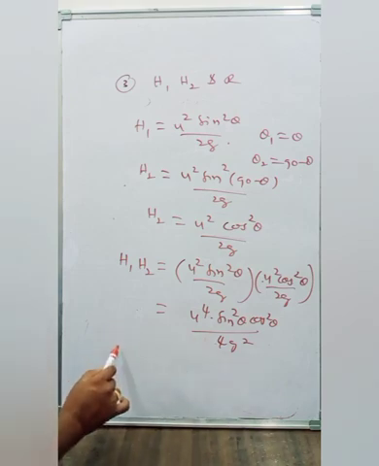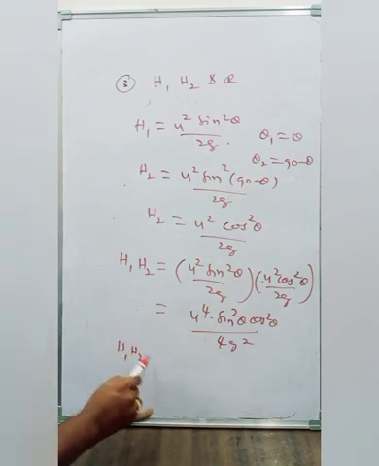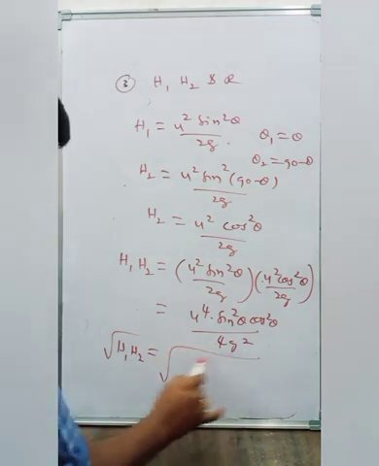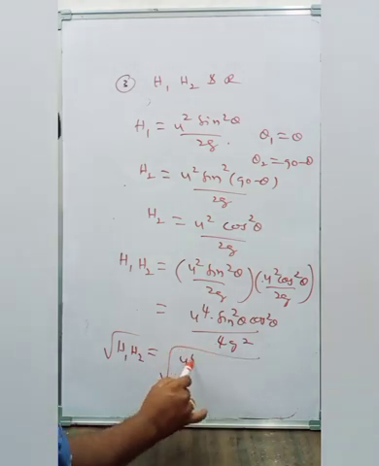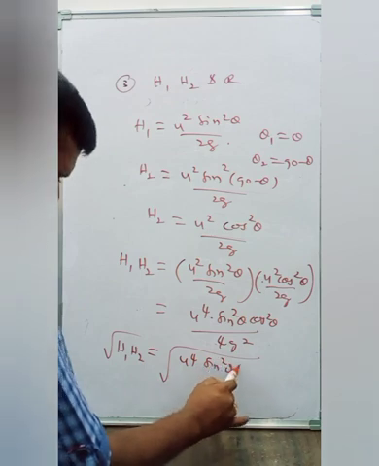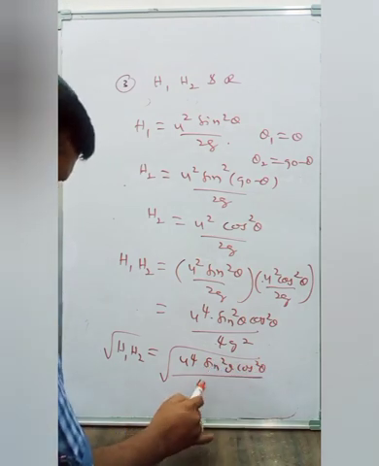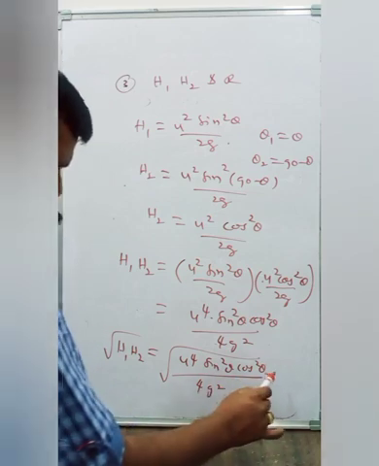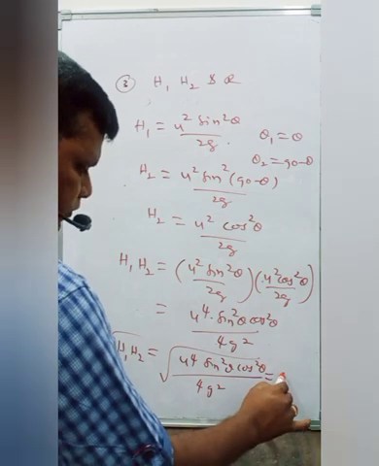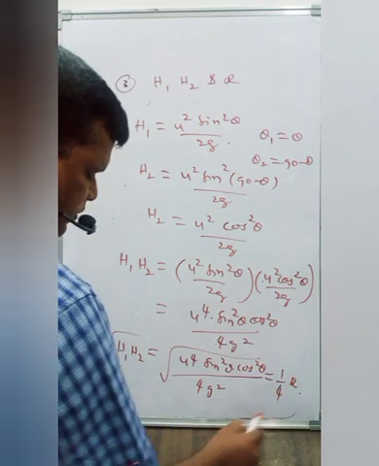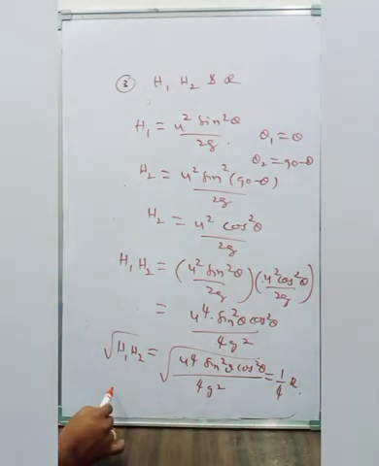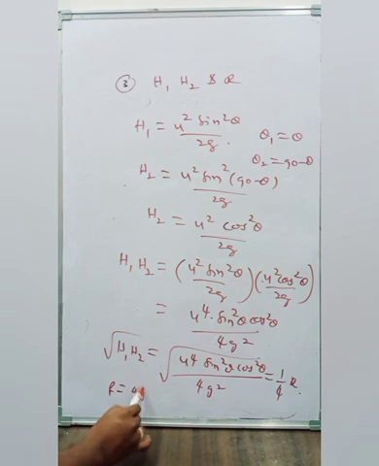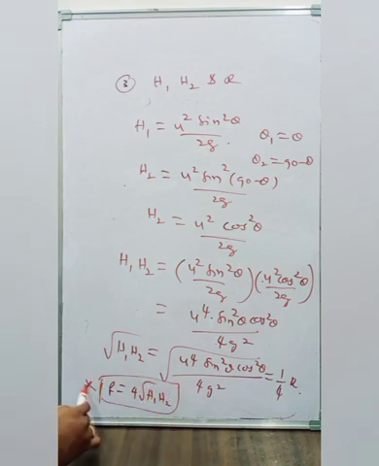So applying square root on both sides, we get root over H1 H2 equal to U square sin theta cos theta by 4G. By simplifying, you will get 1 by 4, or therefore R is equal to 4 into root over H1 H2. This is a very important relation which was asked in previous Mains and NEET questions.